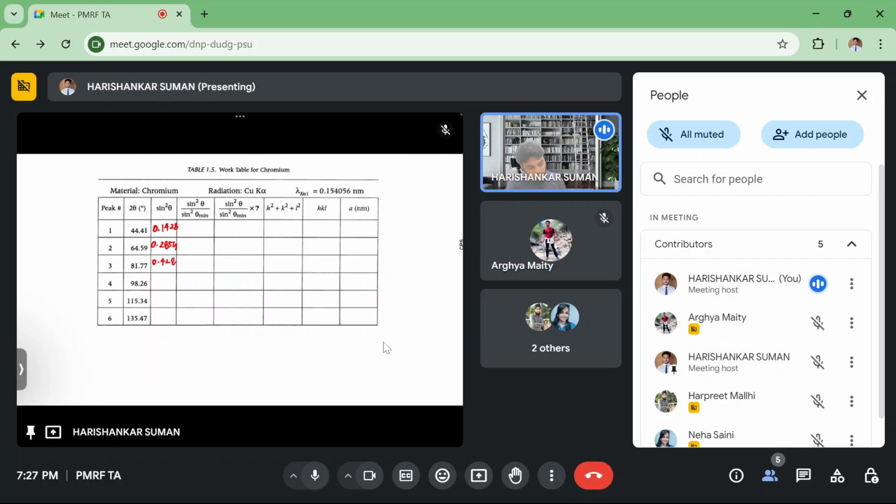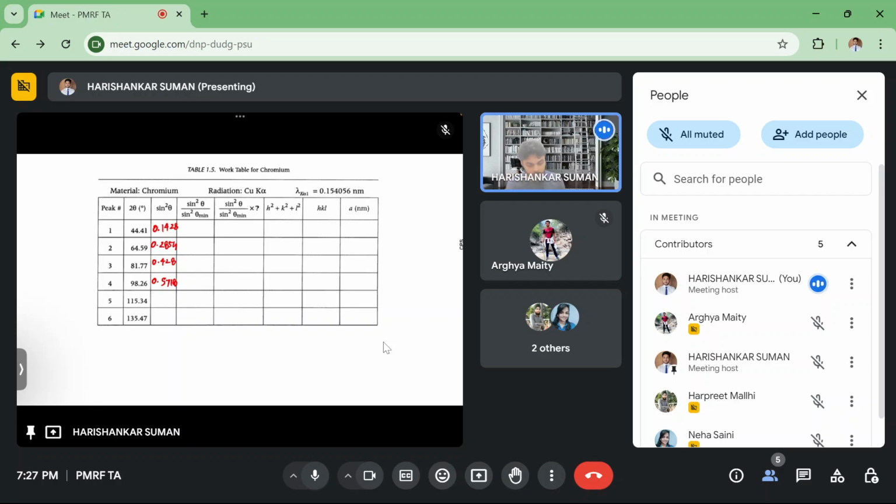Similarly, 90.26 divided by 2. Take sin square. 57.15.34 divided by 2.